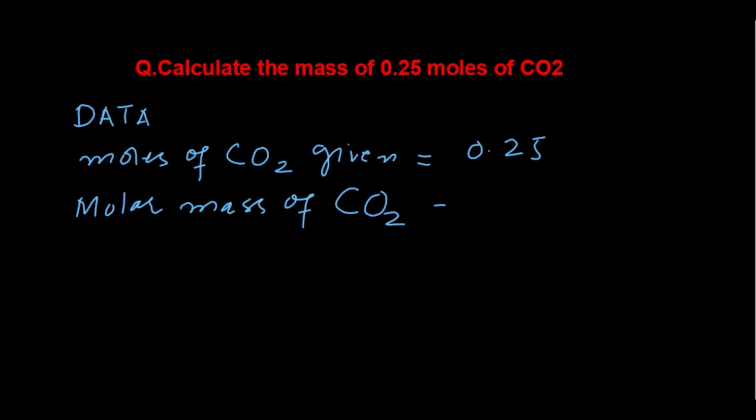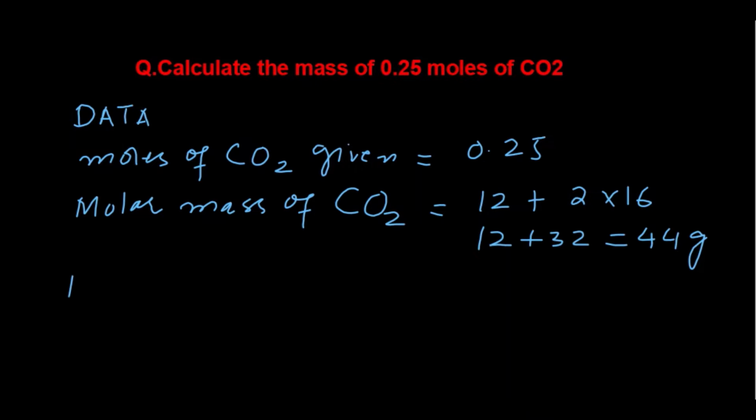We know atomic mass of carbon is 12 while atomic mass of oxygen is 16. Since we have 2 atoms of oxygen here, so 2 multiplied by 16, that is 12 plus 32 is equal to 44 gram. So molar mass of carbon dioxide is 44 gram and we are asked to calculate mass in gram.